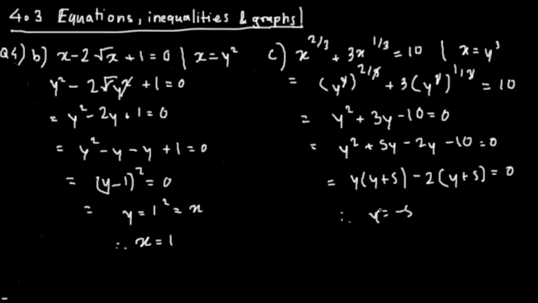I should probably rewrite this again. I am slanting quite a lot. y is equal to minus 5, or y is equal to 2. So now plug these back in, and you will be getting x is equal to 8, and then x2 is equal to minus 125.